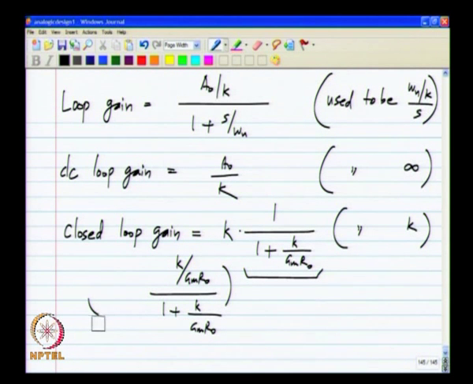So, that is my error in the gain, that is the difference between the ideal and the actual gains, and that I normalize to the gain that I want, K. So, that is the relative error.